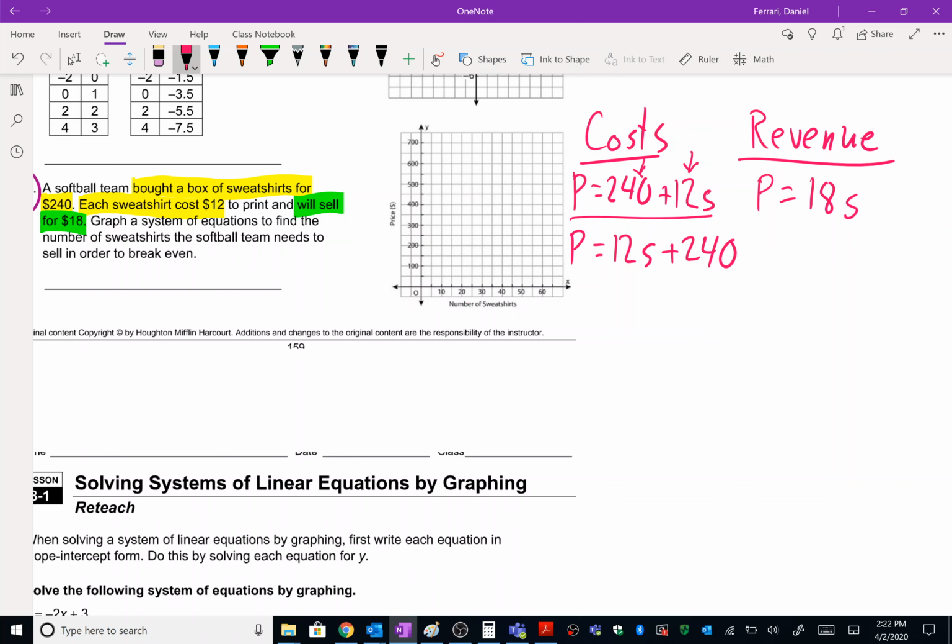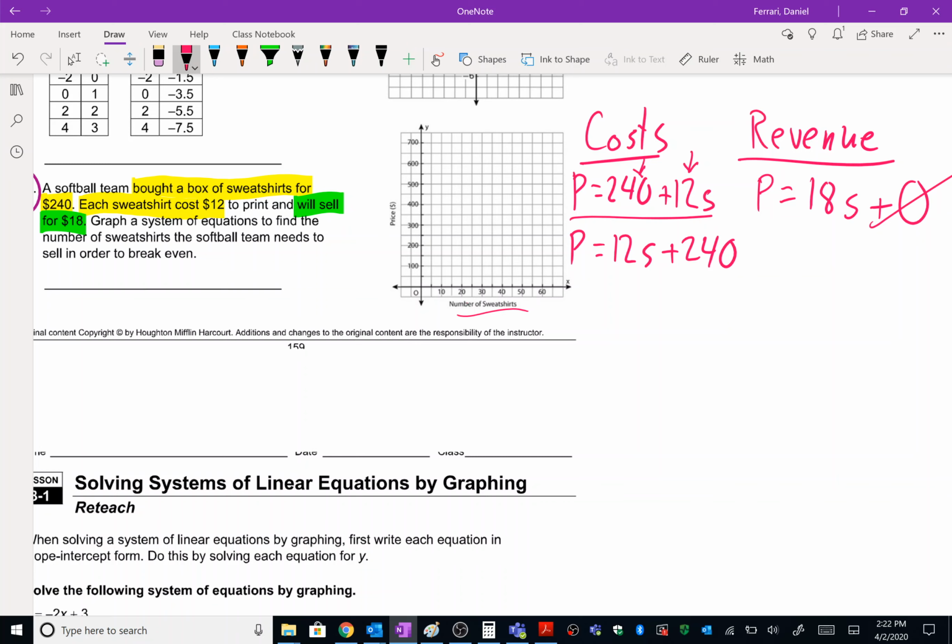I don't need to go any farther, because this is basically my y equals mx. We're using s as my x coordinate because it represents the number of sweatshirts. And then plus b, well, there is no b value here, so the b value is effectively 0. Normally we don't write that in, but if it helps you keep it straight, you're welcome to. So now we go through and actually graph these.